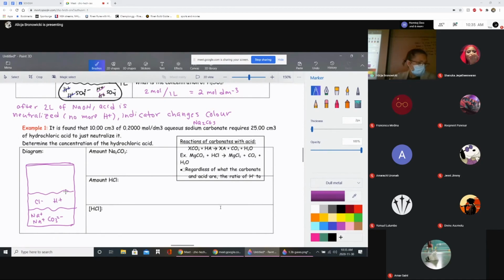I'm not going to worry about the mechanism of my reaction, but the hydrochloric acid neutralizes the sodium carbonate.